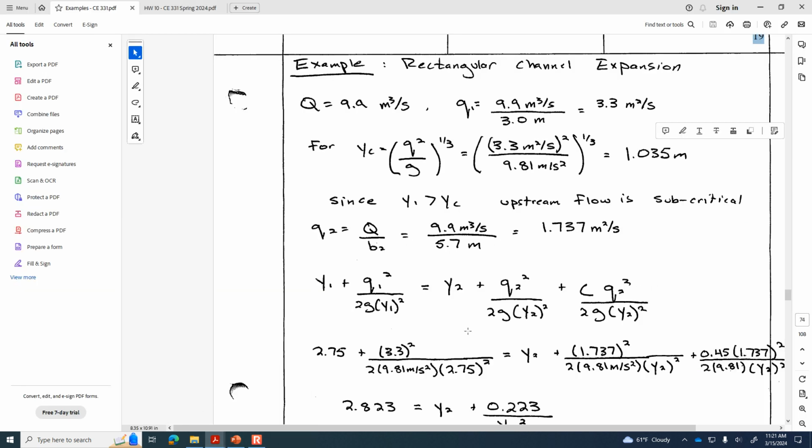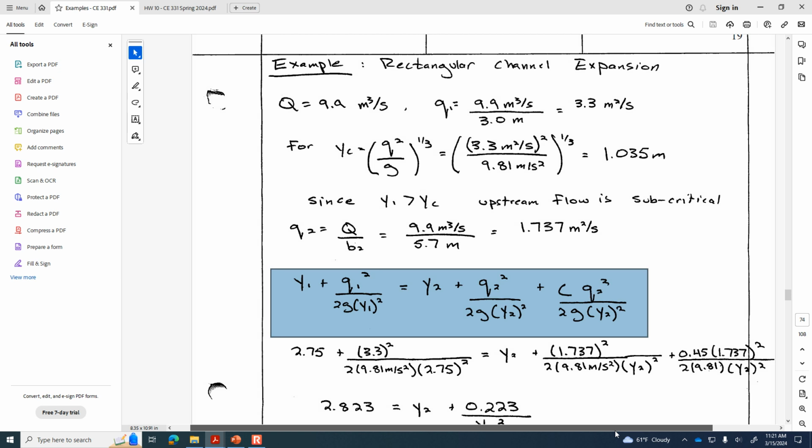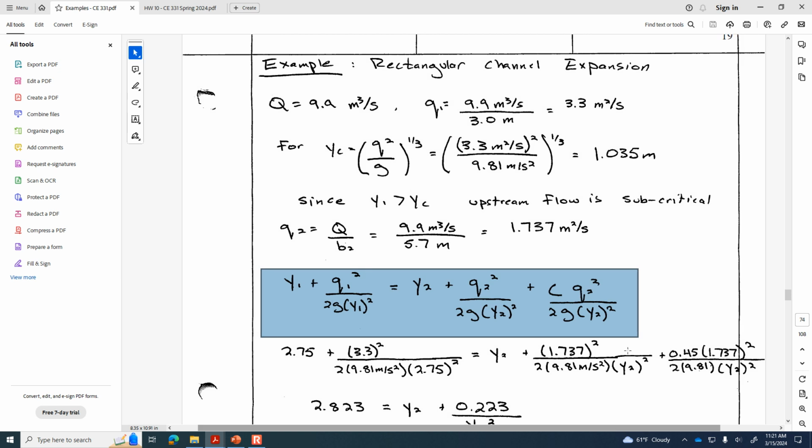All right, so here's the form of the specific energy equation, accounting for the energy loss on the right-hand side of the equation. Now, I could have just combined these last two terms together. I've got the flow per unit width squared in the numerator. In the denominator is 2g times the depth squared.